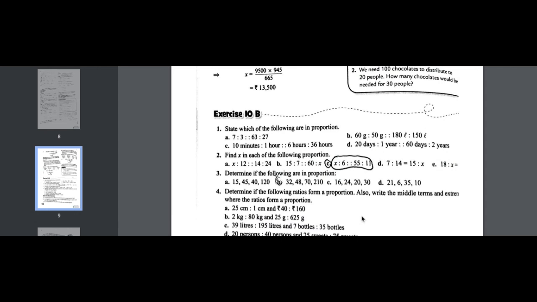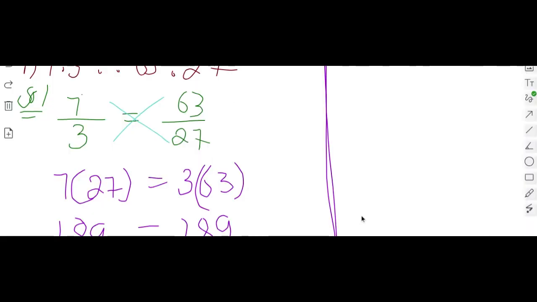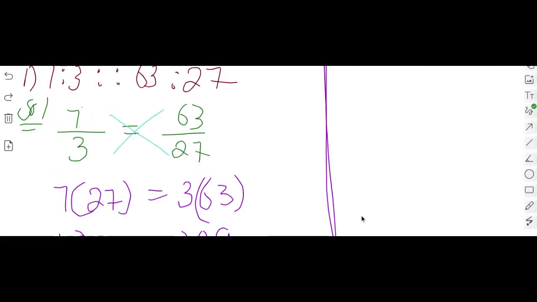The B part is again the same. We have four different quantities and we have to make a proportion. So in the B part, that is 60 ratio 50 double ratio 180 ratio 150.